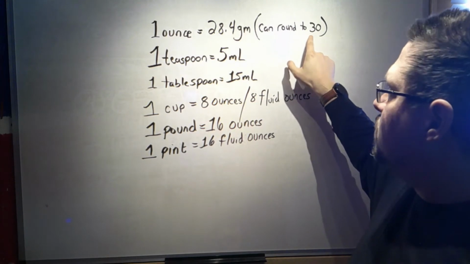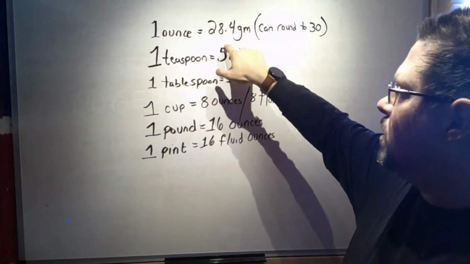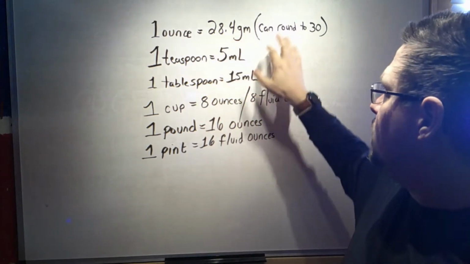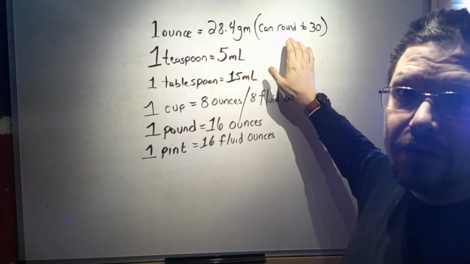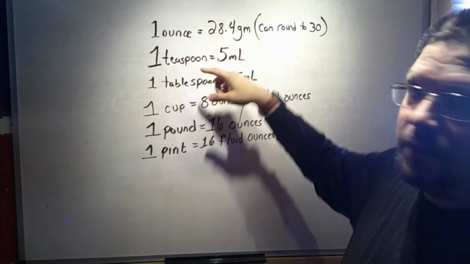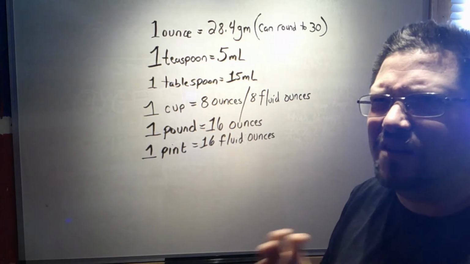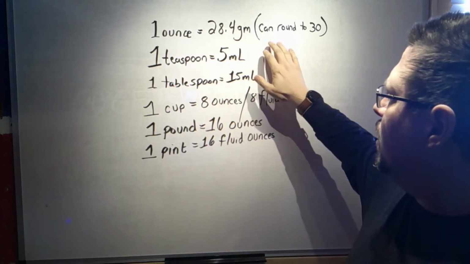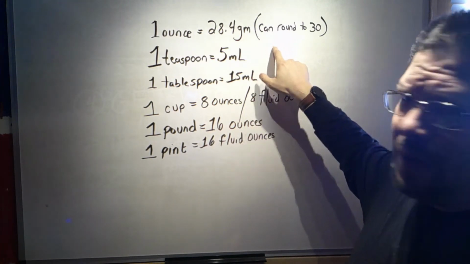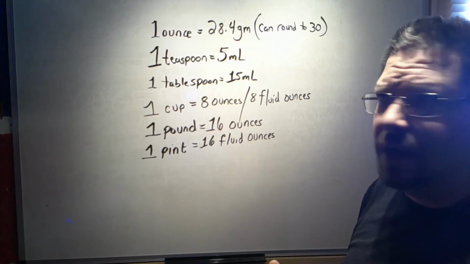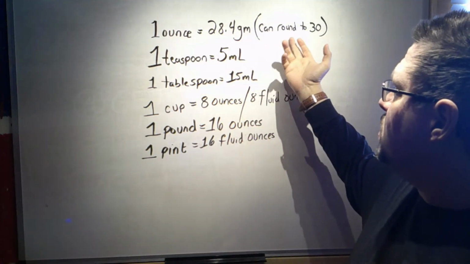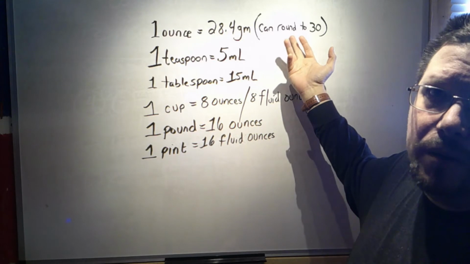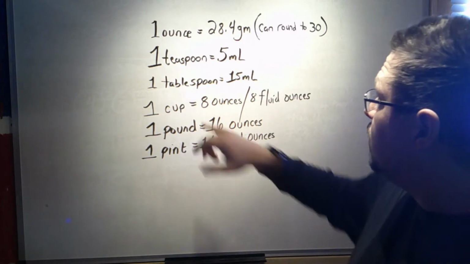So you might see 1 ounce expressed as 28.4 grams, and sometimes as 30 grams. Those are somewhat interchangeable, although I don't hold anybody accountable to either one. Usually on the PTCB exam, you can get away with using 30.